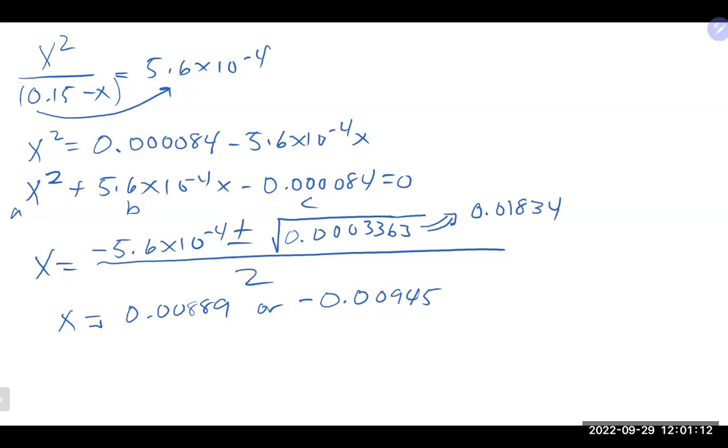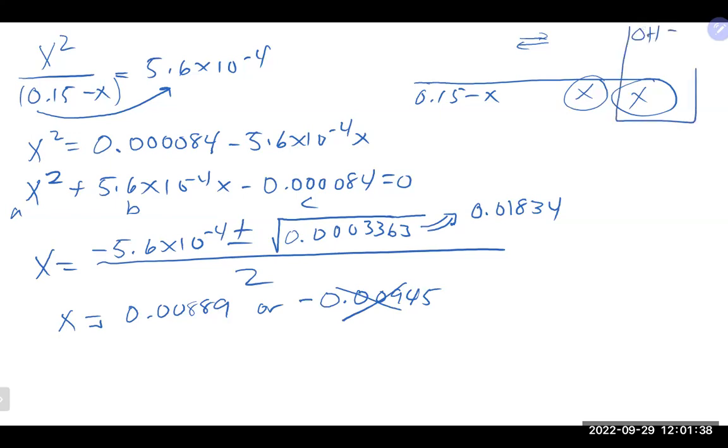At this point, obviously, we can take a look back at our table here. And really, we had x, and x, if I'm not mistaken, and 0.15 minus x. So clearly, we can't have a negative number, so that's not going to work very well. In this case, our x was basically the hydroxide concentration, so this is equal to the hydroxide concentration.